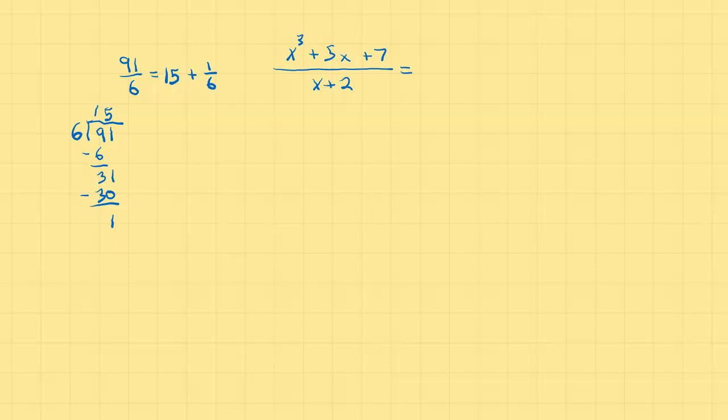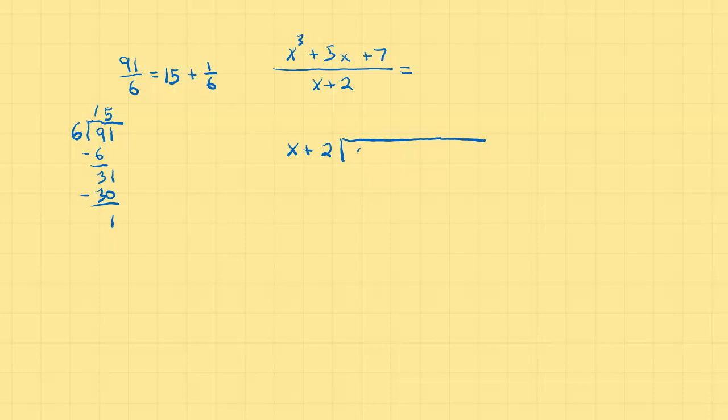Now let's get back to the rational expression, okay? I'm going to use polynomial long division. Same situation, except that we're using polynomials. But looking at the numbers really helps you to understand what you're doing. So I'm going to put the x plus 2 on the outside.